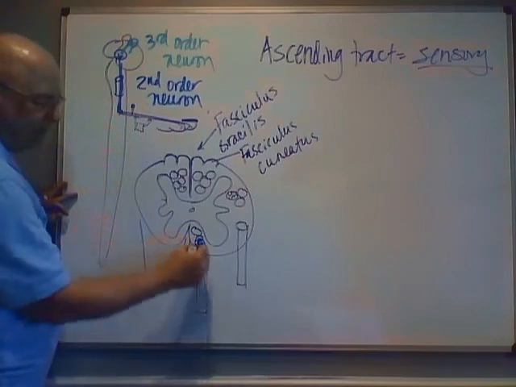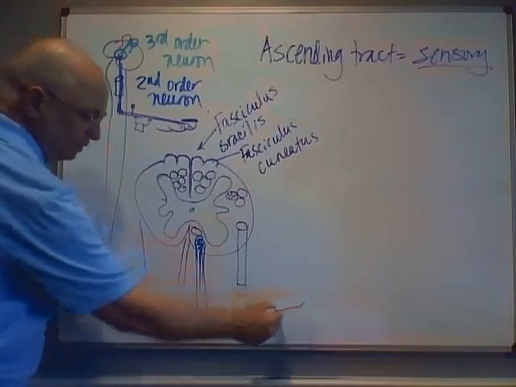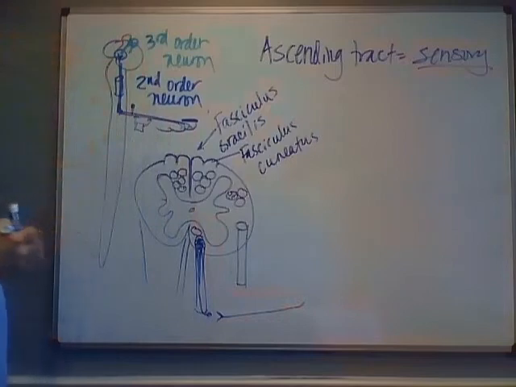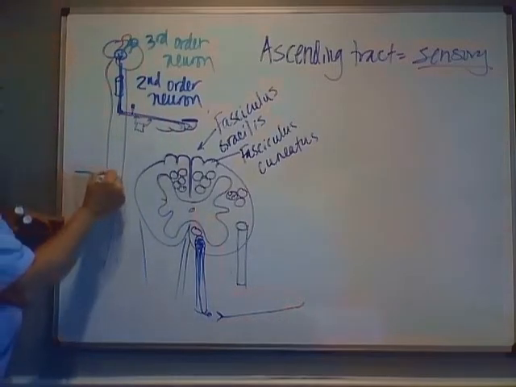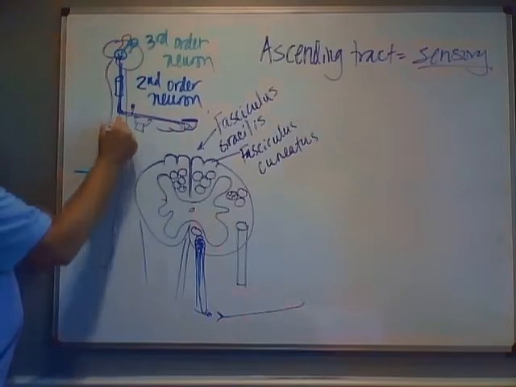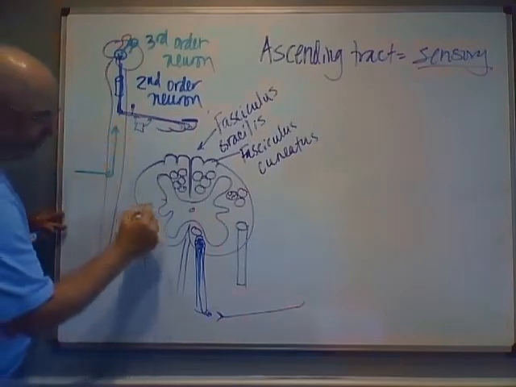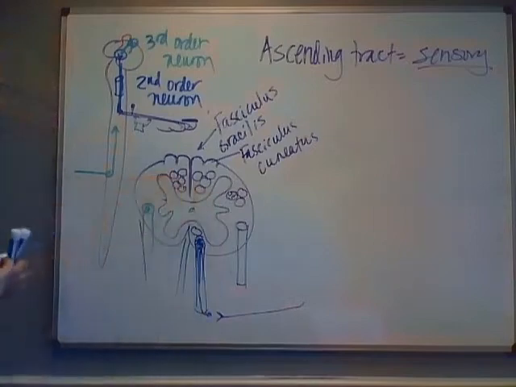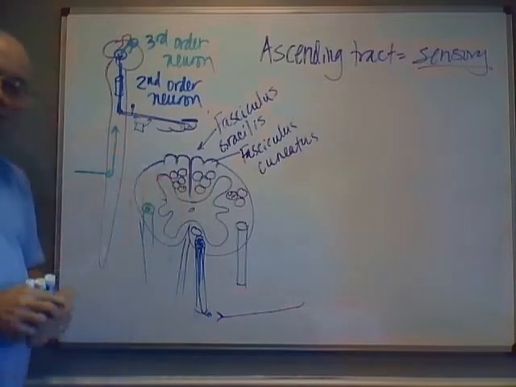So I would have a bunch of axons coming up from some level of the spinal cord, going up through a particular tract to my brain. If I have another level of the spinal cord where other sensory information is coming in, it may ascend, and I might find all those axons running through a totally different tract in a different white column, maybe even on the other side of the spinal cord.